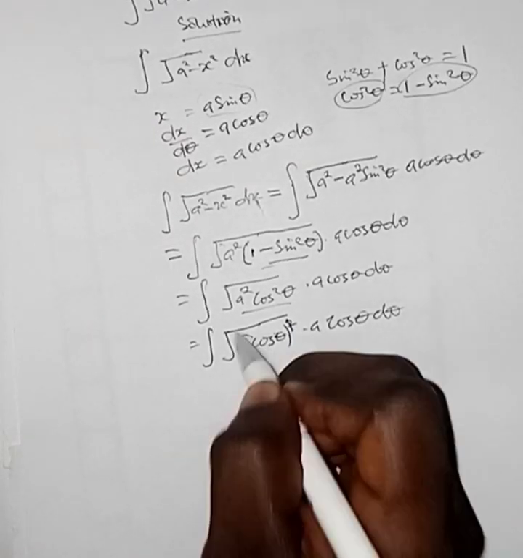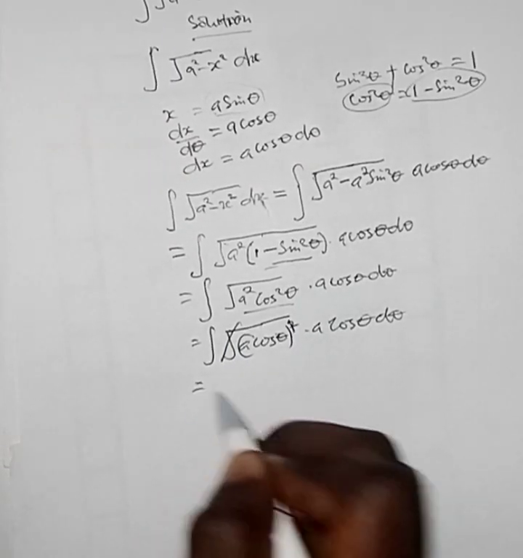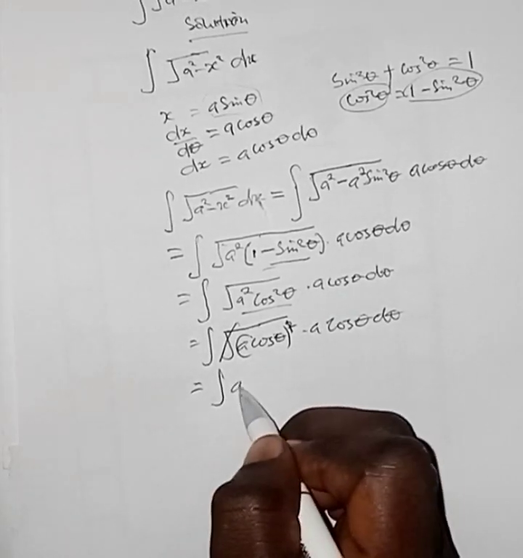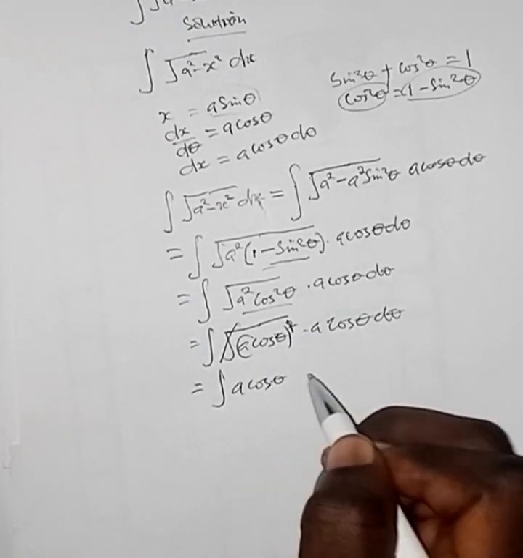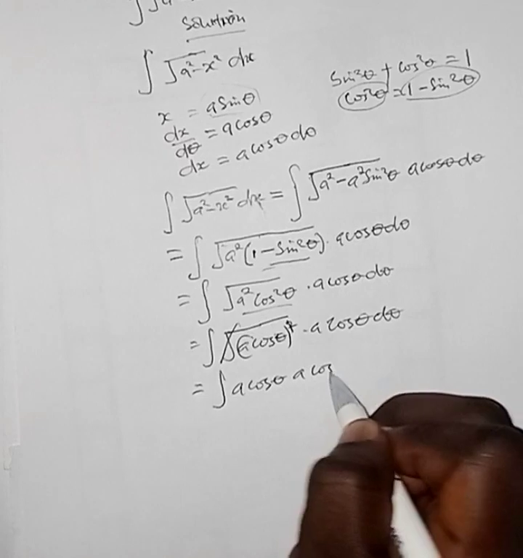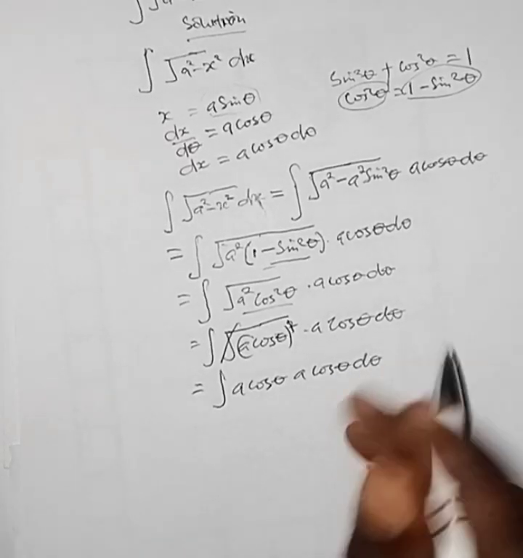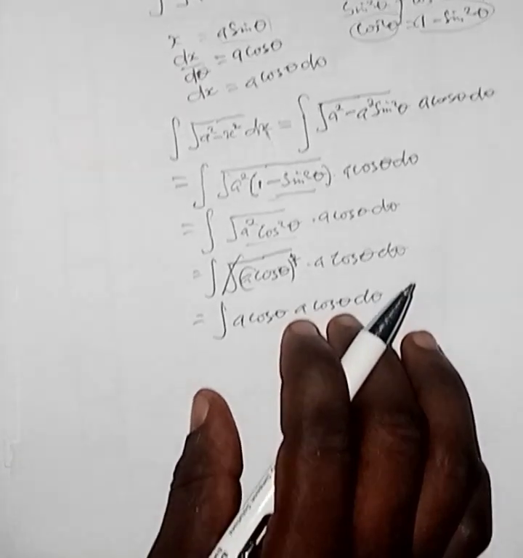These two can cancel the square root, so that we now have the integral of a cos theta d theta. So this is what we have at this moment.